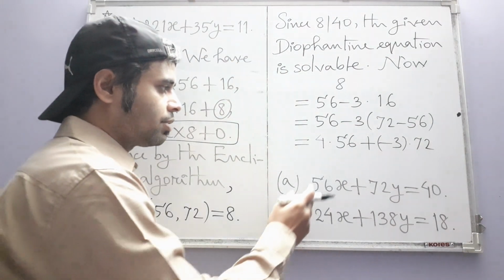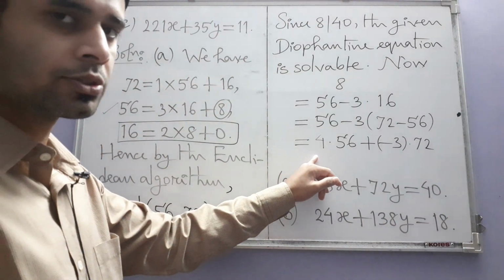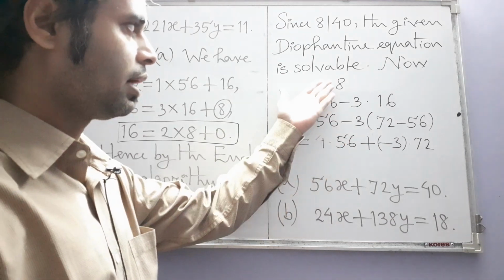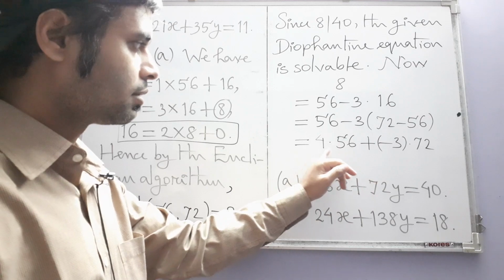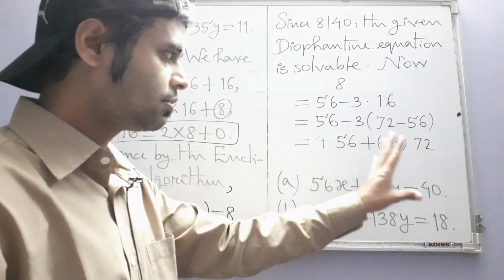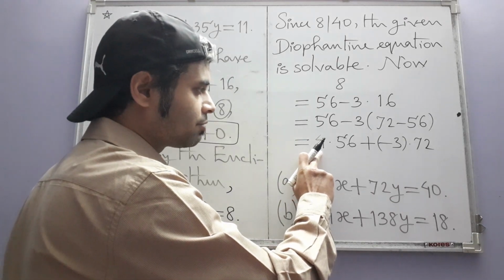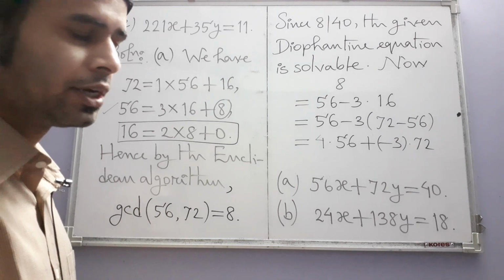Now in order to find a solution to this equation, you have to multiply both sides by 5 so that we have 40 on one side, and on the other side we keep 56 and 72 like they are and absorb that 5 with these other integers, and that way we will get one solution.